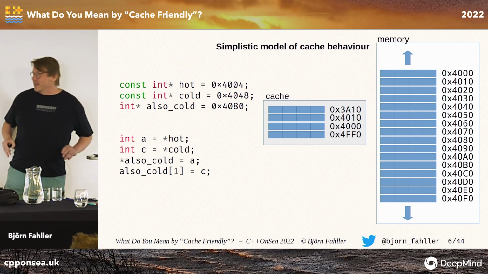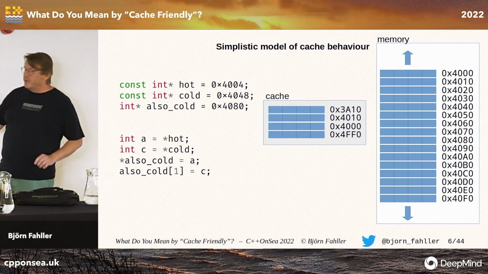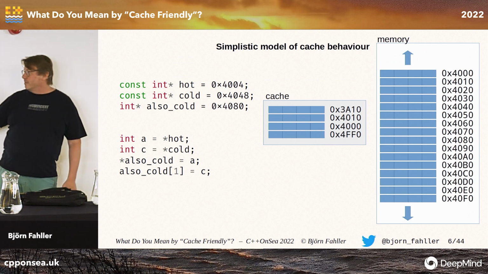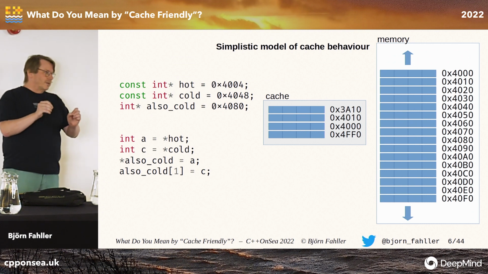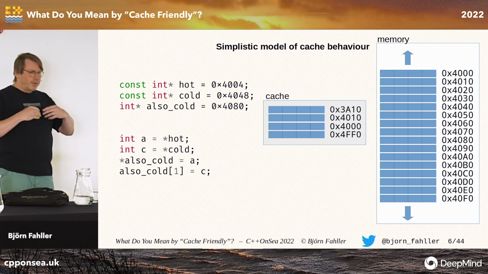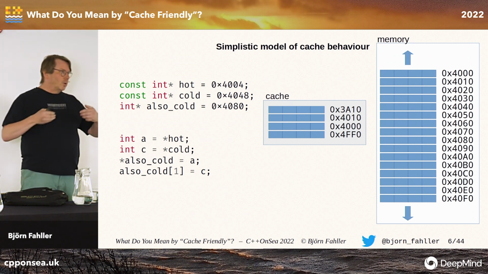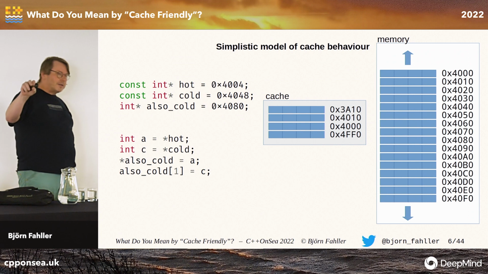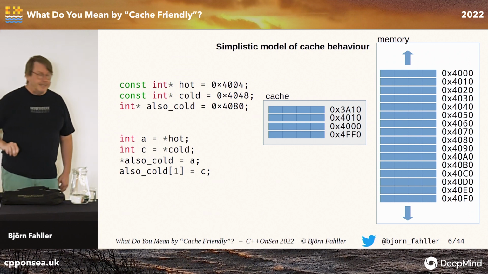And in the middle, we have a cache. It's tiny. And you can see now that, in this case, I have cache lines of 16 bytes. 16 consecutive bytes. And whenever you're communicating with memory, reading or writing memory, you're always reading or writing whole lines. You're never, ever writing a single byte into memory.